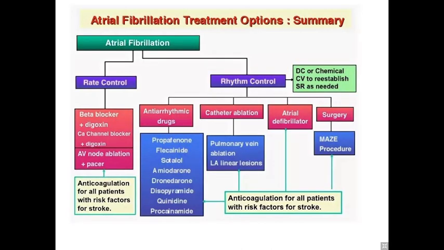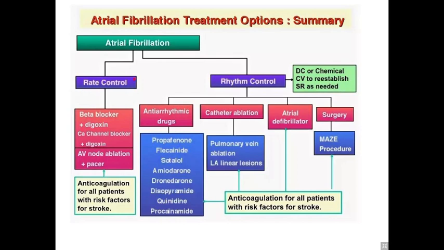And let's summarize a little. Atrial fibrillation. We know two types of therapy. Rate control therapy. It means your patient is still in atrial fibrillation. You only decrease ventricular rate. And if you decrease heart rate in the patient, you also decrease symptoms.